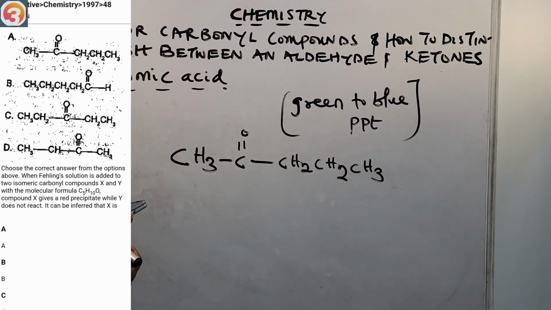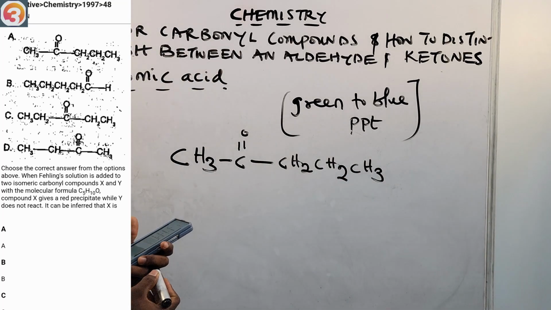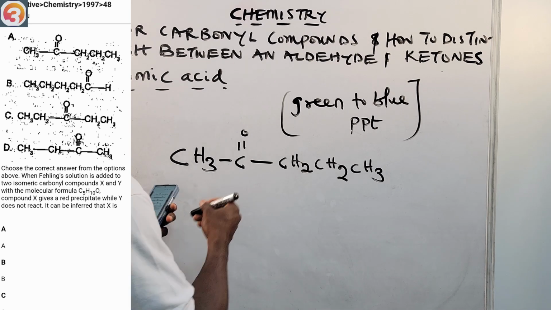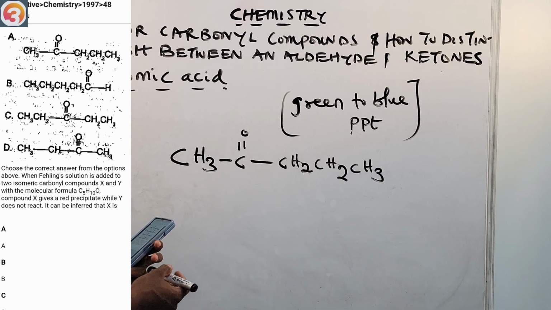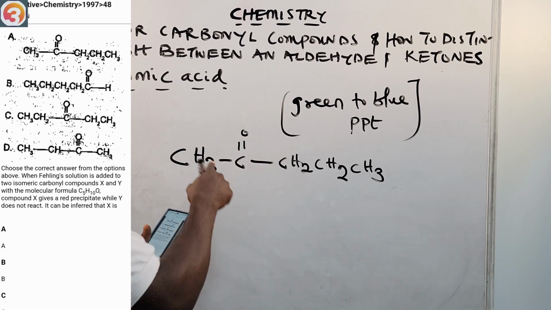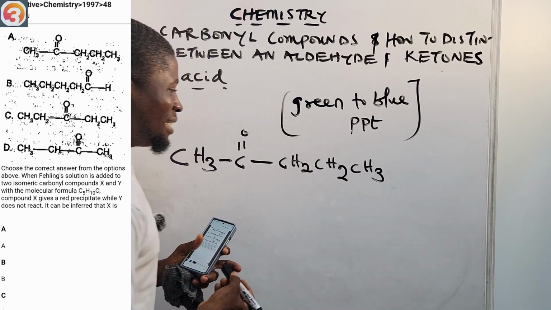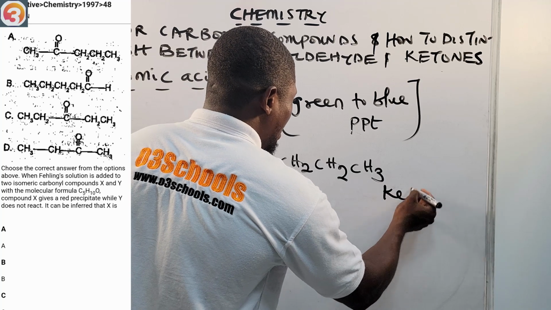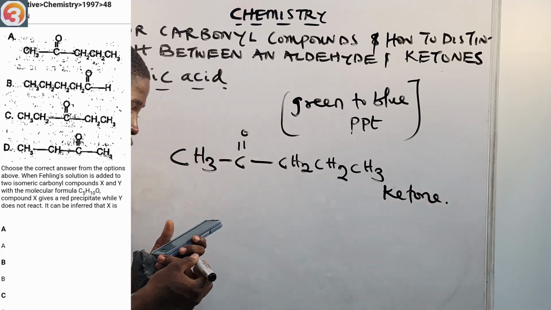Now, is it possible in this world that this will be an aldehyde? No, because we're having a carbonyl present in the middle, not at the beginning or at the end. That means this is a ketone. If you followed our classes, this should be very easy for you to understand.